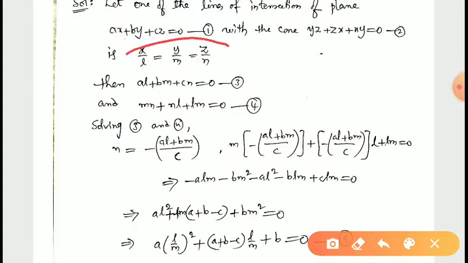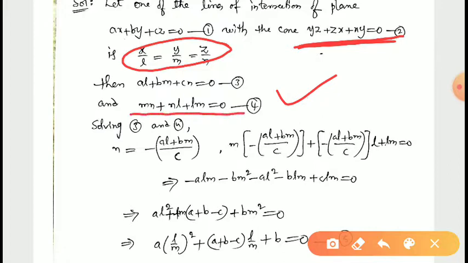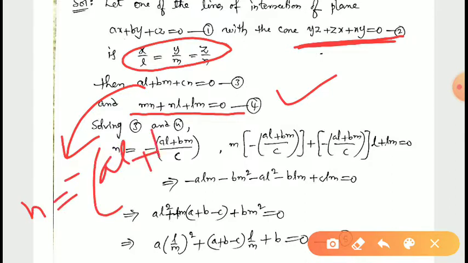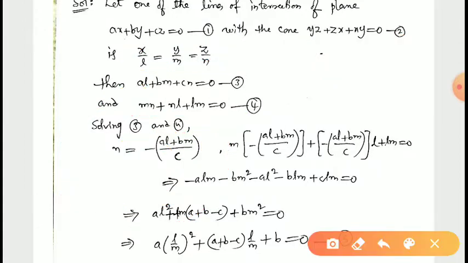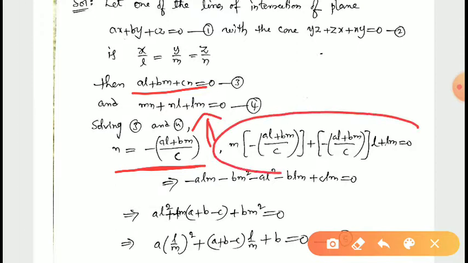Also, the direction ratios of a generator satisfy the equation of the cone. Therefore, l, m, n satisfies the equation of this cone, and hence we can write this equation, mn plus nl plus lm is equal to 0. From this we can write n is equal to minus of al plus bm by c. Therefore, from this we can write this. If you substitute the value of n in this equation number 4, you will get like this.